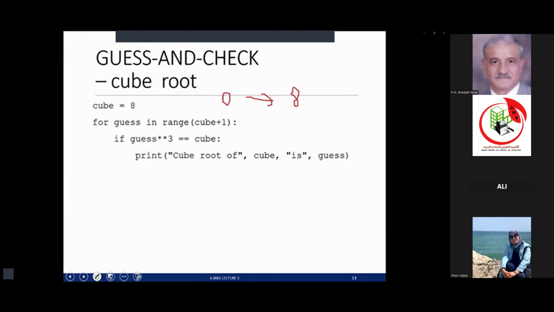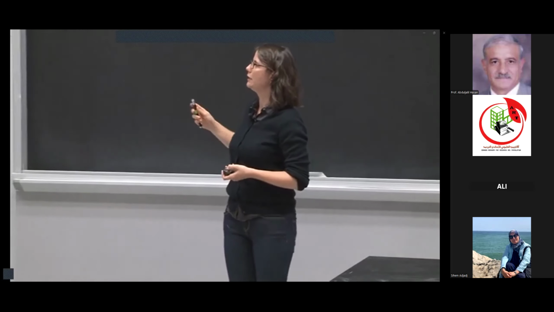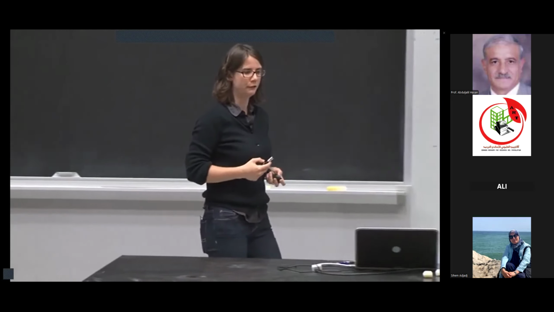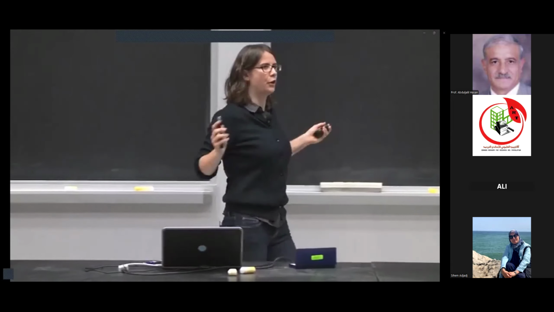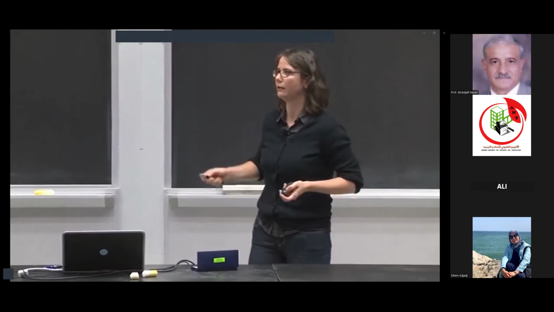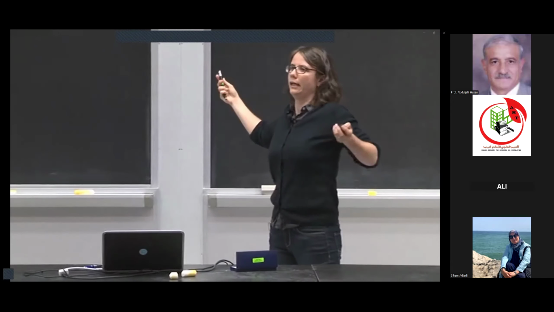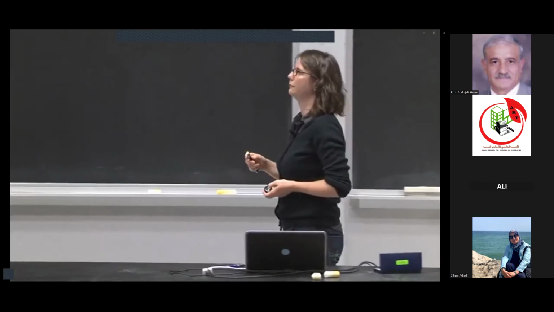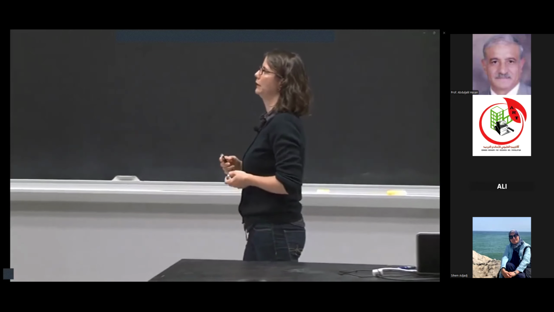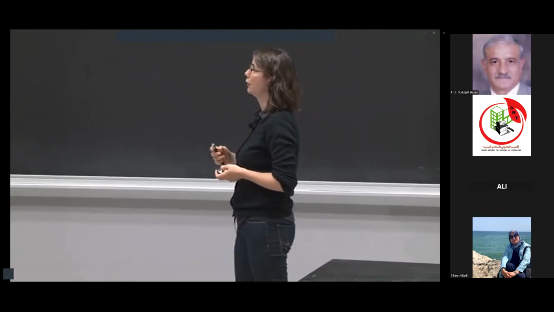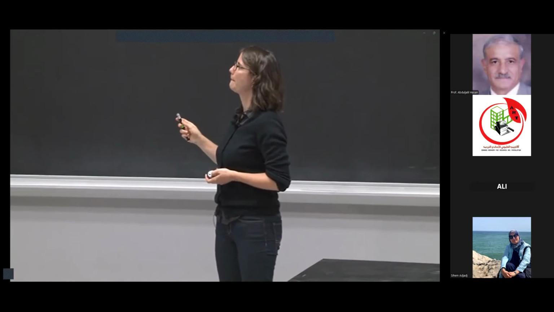And if it is, I'm going to print out this message. Okay? Pretty simple. However, this code is not very user-friendly. If the user wants to find the cube root of 9, they're not going to get any output, because we never print anything in the case of the cube not being a perfect cube. Okay?